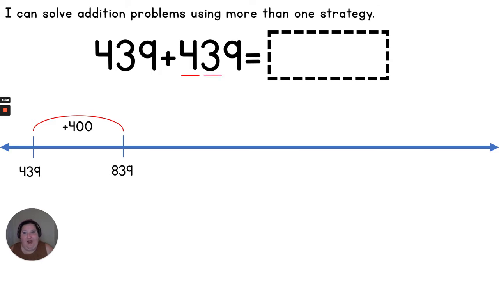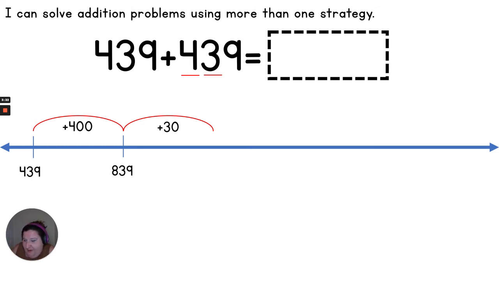Let's look at our tens next. We have a 3 in the tens place. 3 tens, well, that's 30. I have 839 right now. I need to add 30 more. 30 is 3 tens, so I need to focus on my tens place this time.